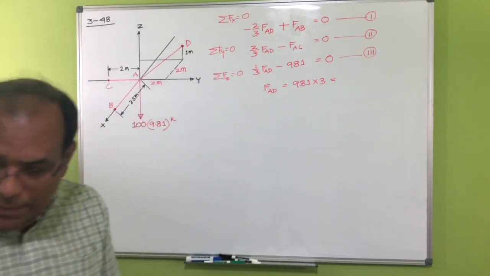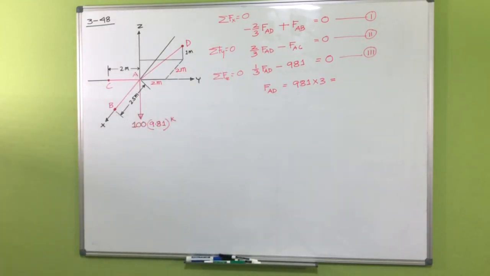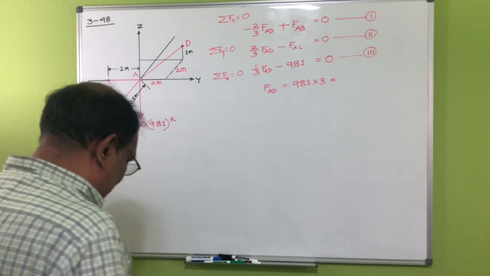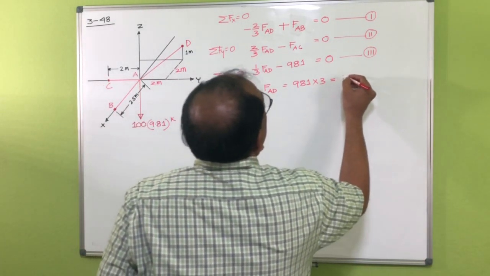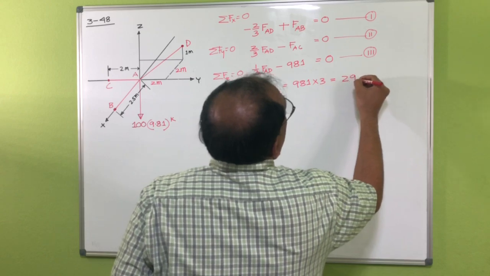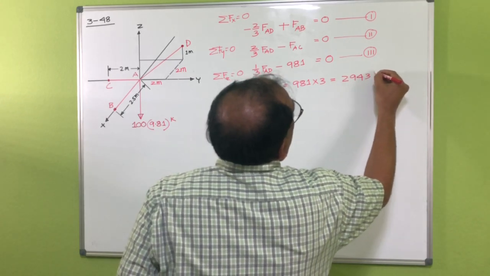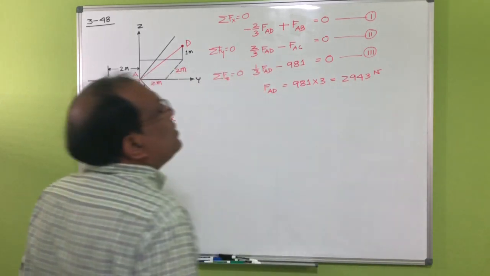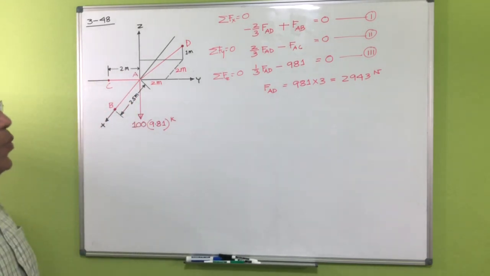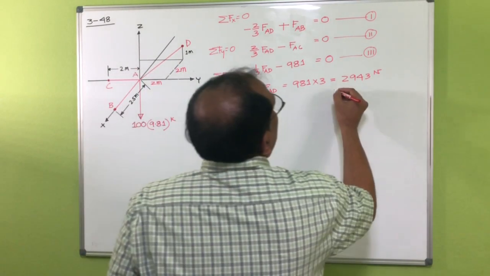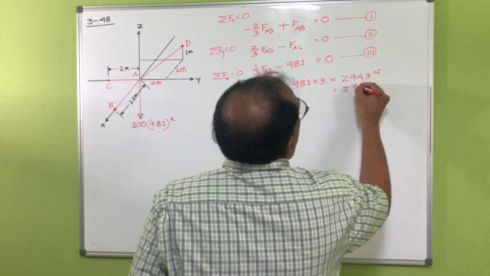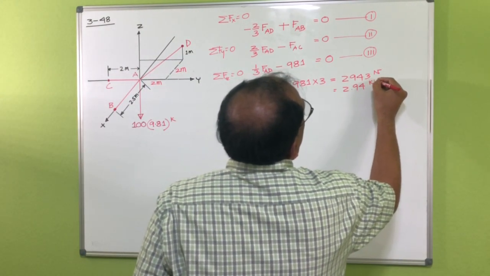That's basically 2943 Newton, or you can say 2.94 kilonewton.